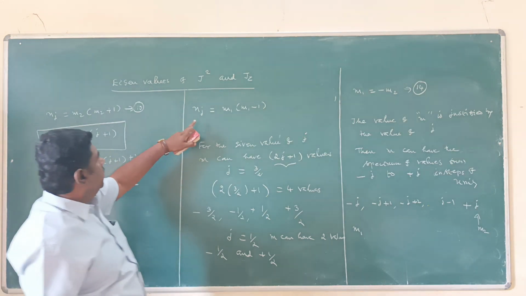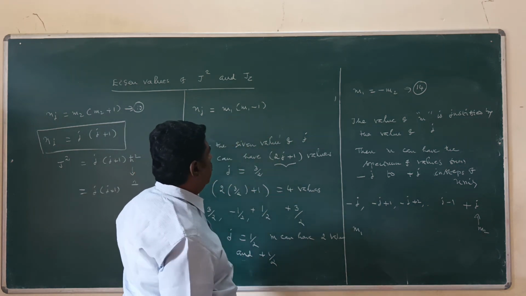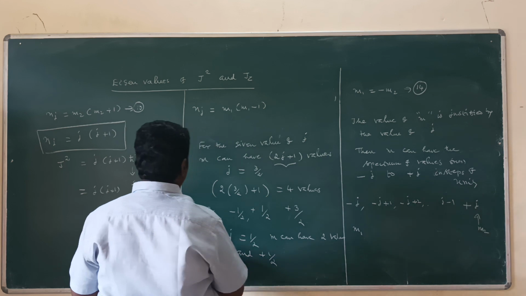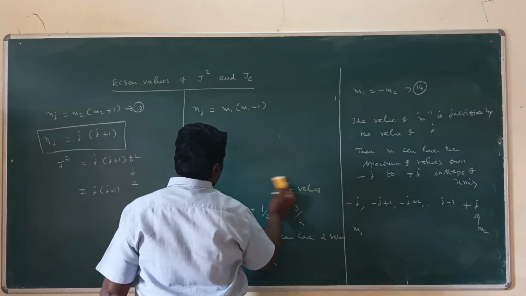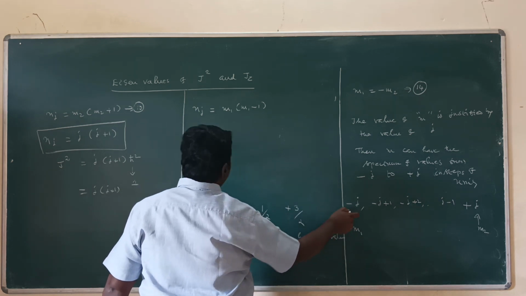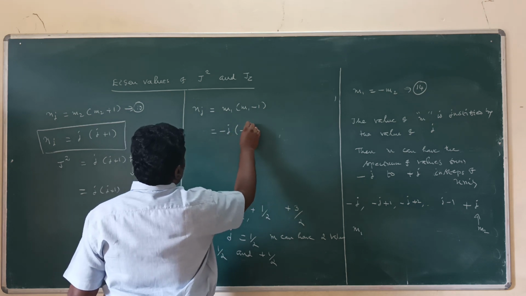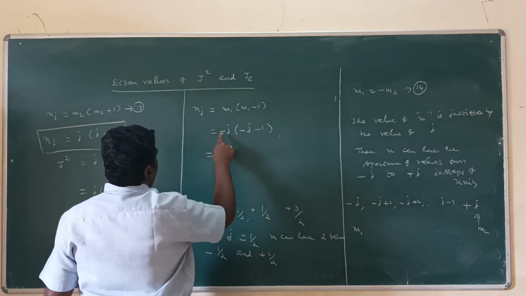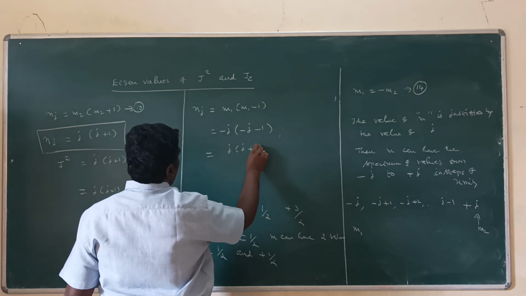Consider this equation, eta j equal to m1 into (m1 minus 1). If this equation is taken for our consideration, here instead of m1 we have to put minus j. The first value of m1 is minus j. This is minus j into (minus j minus 1). Multiplying with the help of the negative sign, this changes to j into (j plus 1).